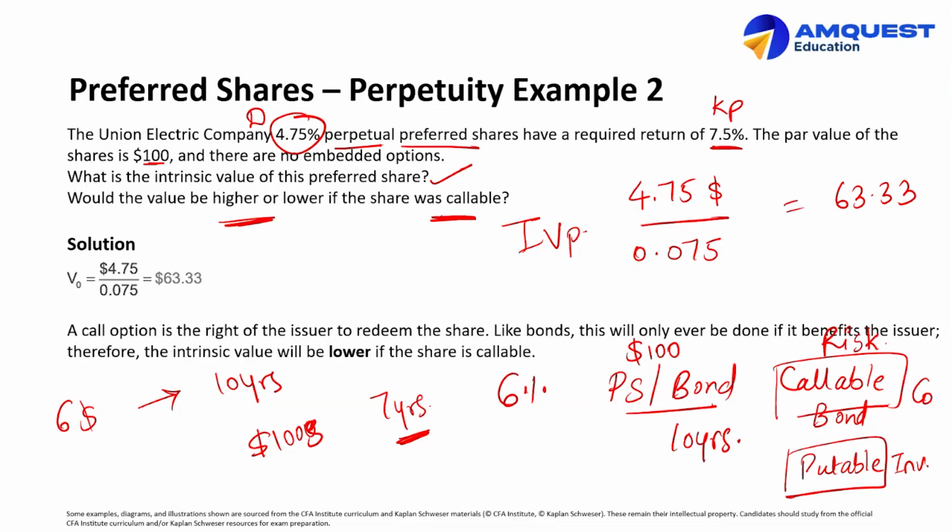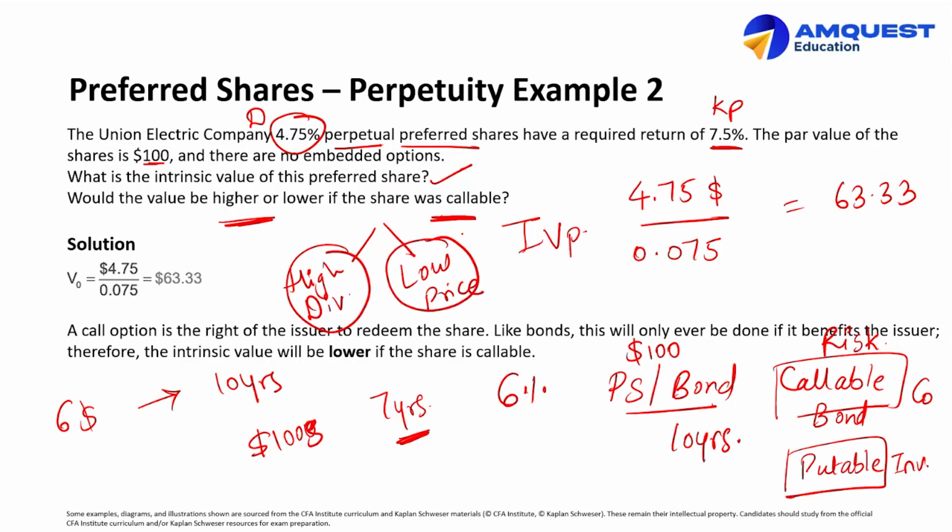So now the next question is, what will be the value of the share if it was a callable option? If it is a callable option, that means it's a risk for the investor. So the investor can do two things. The investor can ask for a higher dividend, or the investor will say that I will pay you a lower price. So either the dividend has to be high or the price has to be lower.